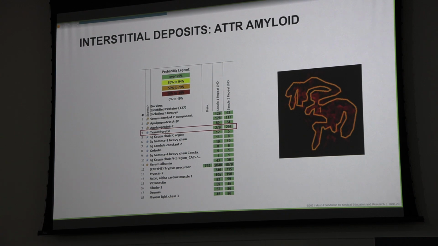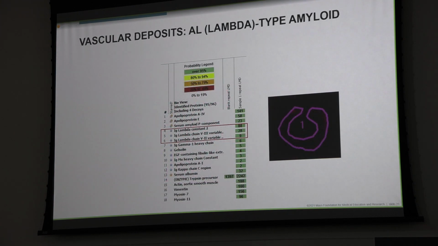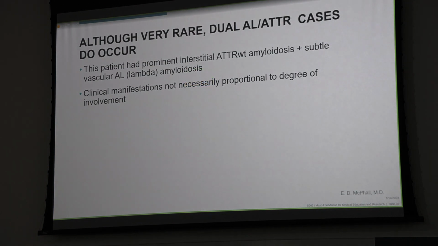But even though 95+% of it was TTR, he was behaving like AL. So he did get treated for AL, and he improved. So again, the amount of involvement of the tissue is not necessarily proportional to what the patient's going to do clinically. So this is extraordinarily rare. This is about the only case I've ever seen like this. But if it happened once, it can happen again.